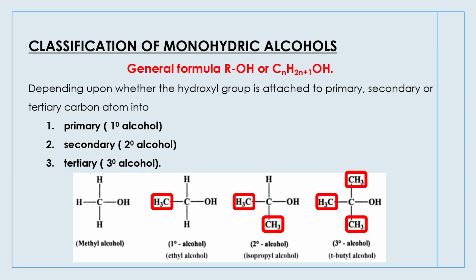It means in all the cases we have one hydroxyl group bonded to the carbon atom. Once again, the primary carbon has one alkyl group, secondary carbon has two alkyl groups, tertiary carbon has three alkyl groups. Make sure to understand these concepts. You are watching the complete video.